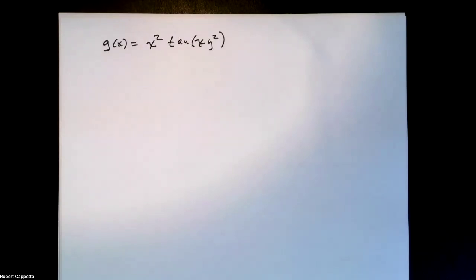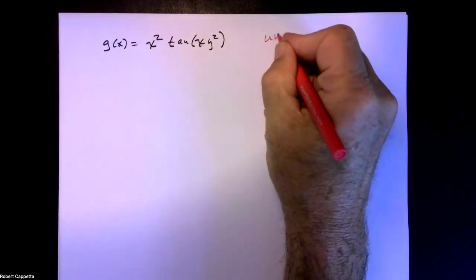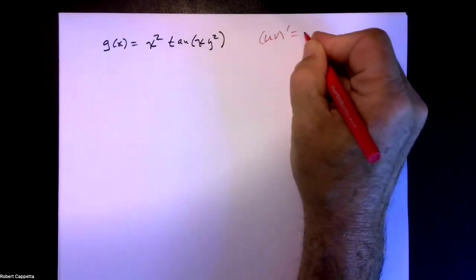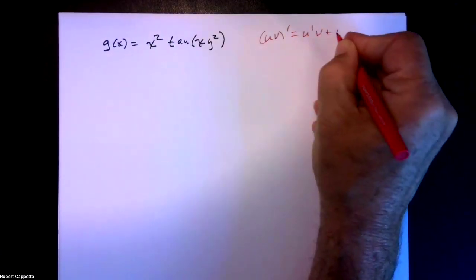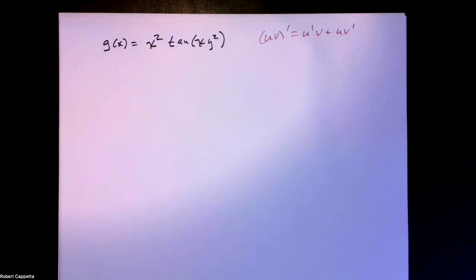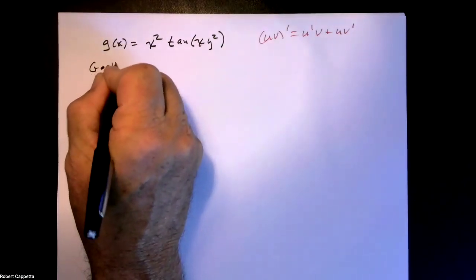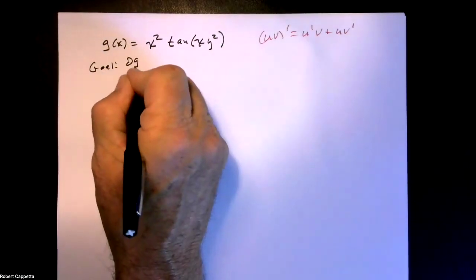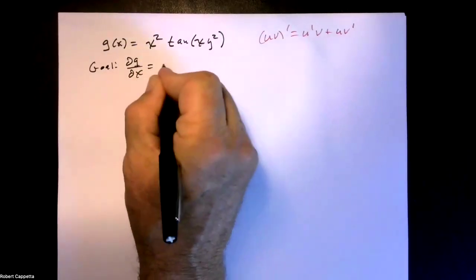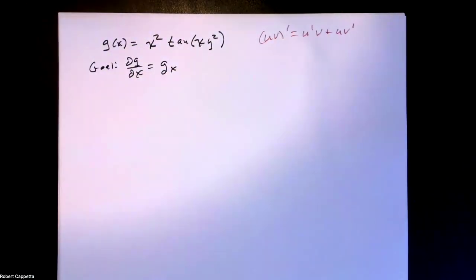And remember that (uv)' is u'v plus uv'. So I'm going to define u and I'm going to define v here to get my partial with respect to x. So my goal is to find the partial of g with respect to x, also notated as g sub x.